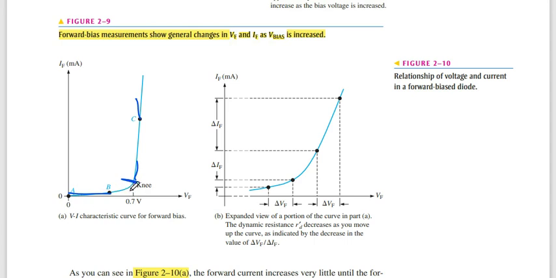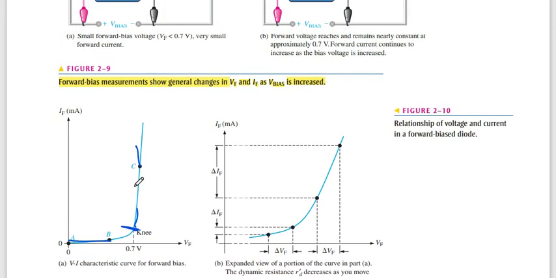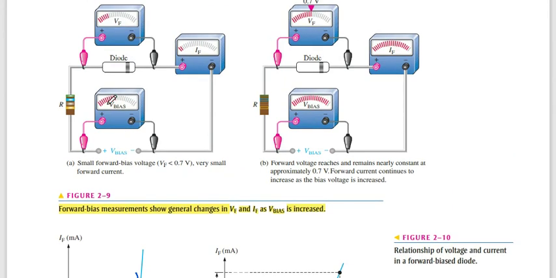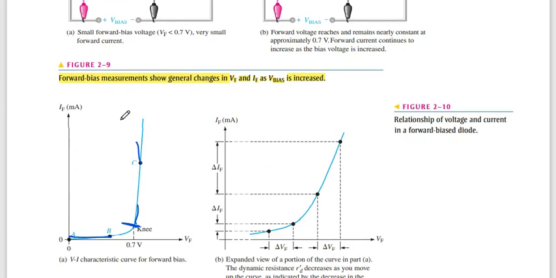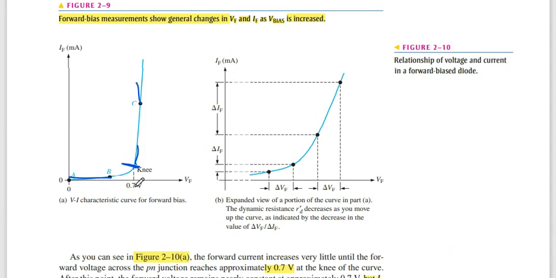What happens at point 0.7? What is this point 0.7? I told you, 0.7 is basically the depletion region voltage. I mentioned in the forward bias topic that the V base voltage must be more than the depletion region voltage, and 0.7 is the depletion region's voltage of the diode.